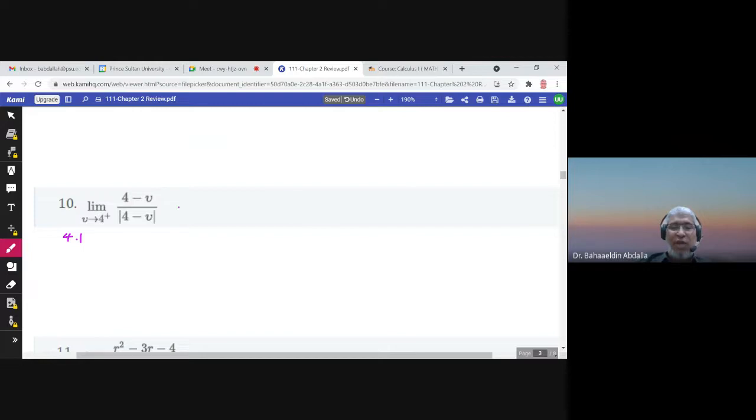So when v approaches 4 from the right, absolute value of 4 minus v would be equal to negative 4 plus v if 4 minus v is less than 0, or if 4 is less than v. So if v is greater than 4, absolute value of 4 minus v would be negative 4 plus v.